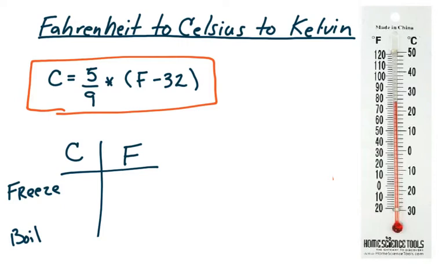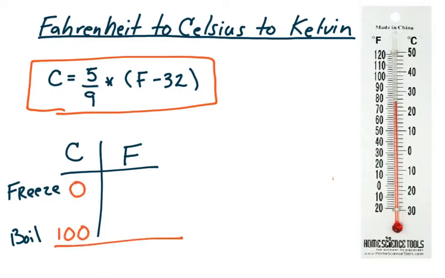Okay? So the Celsius scale and the Fahrenheit scale, they have a number of units between their freezing points and their boiling points. So Celsius, the freezing point is 0. And its boiling point is 100.